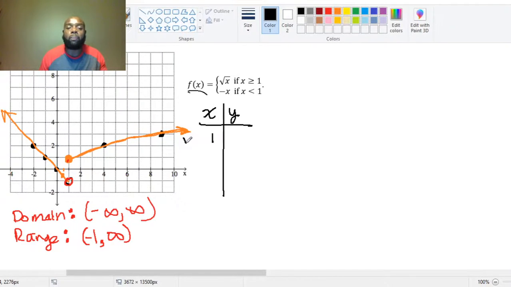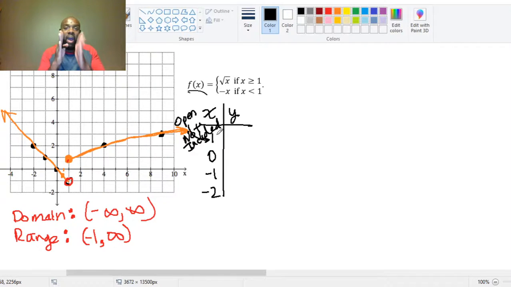I always put a note to say "don't include" or "not included," or I'll put "open" to remind myself to do an open circle when I plot this point, right? So 1, 0, negative 1, and negative 2 are values that are less than 1, and I'm including this 1 so that I know I won't have that gap in my graph, right?